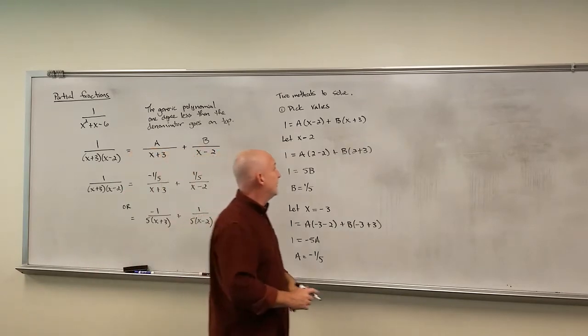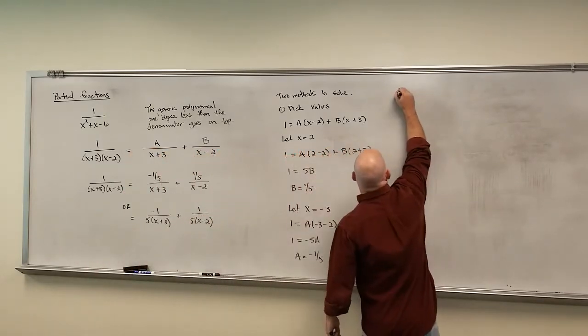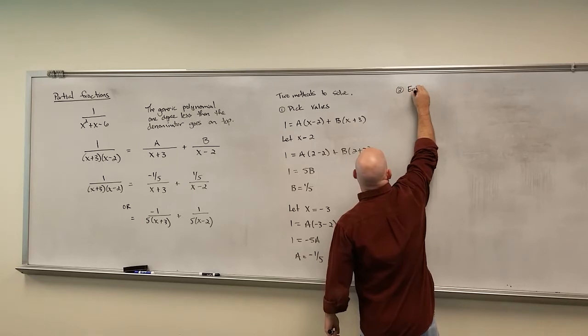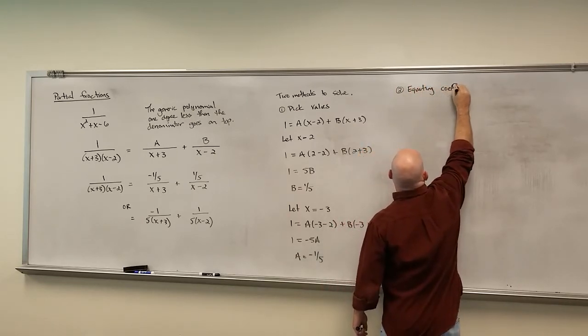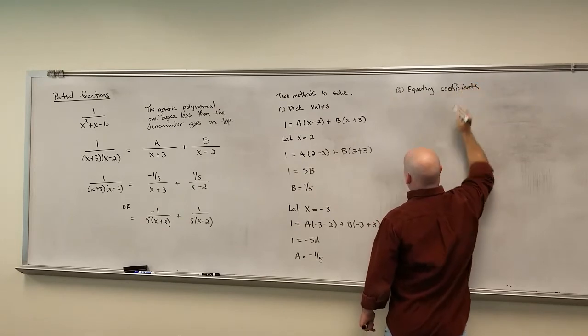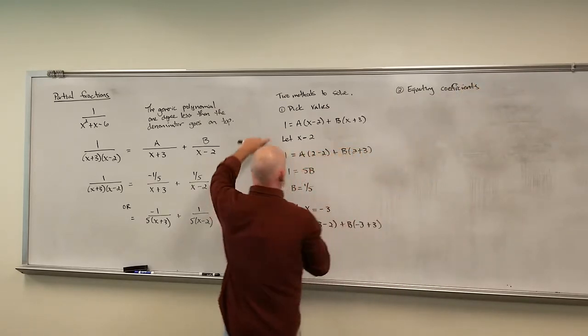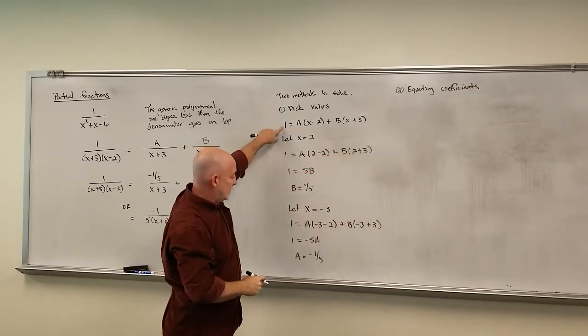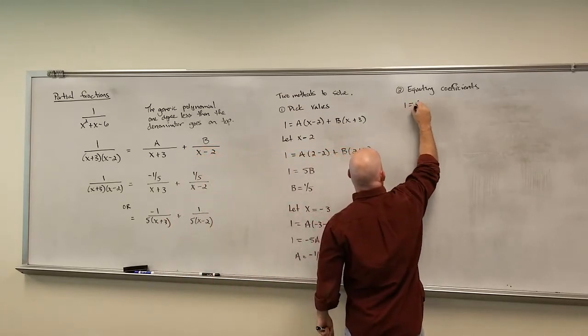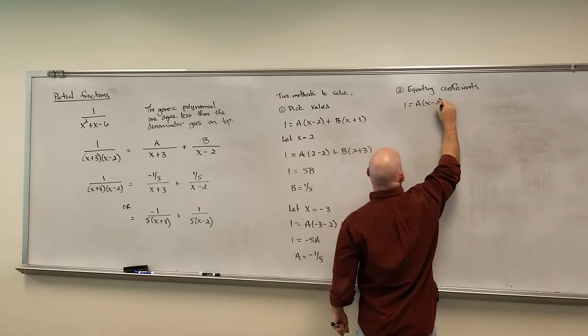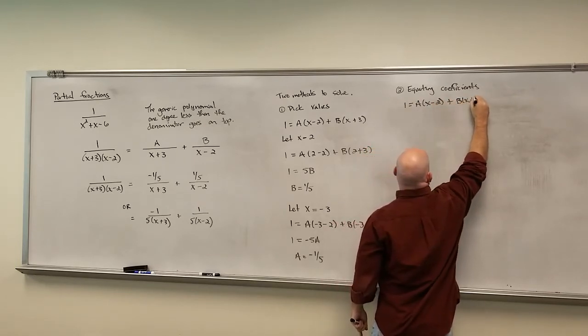There's another method, it's called equating coefficients. All right, so to equate coefficients, we're going to start at the same spot that we started with here and just try doing this a different way. So I have 1 = a(x - 2) + b(x + 3).